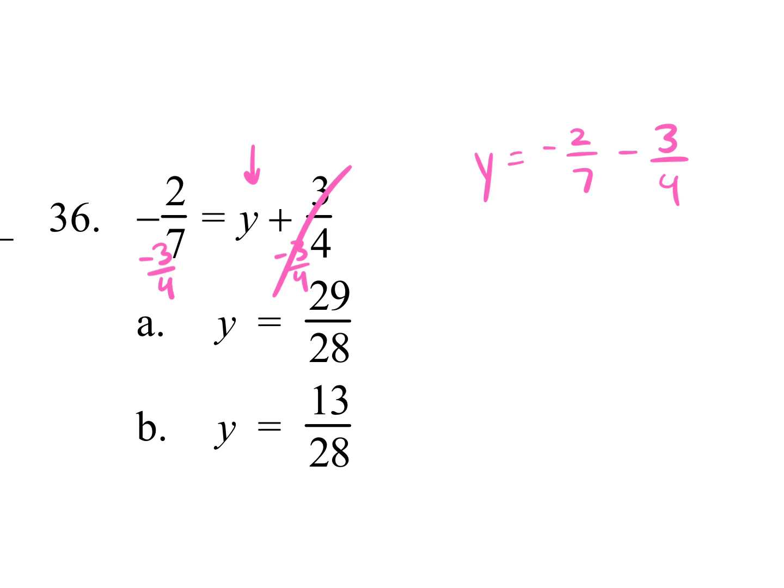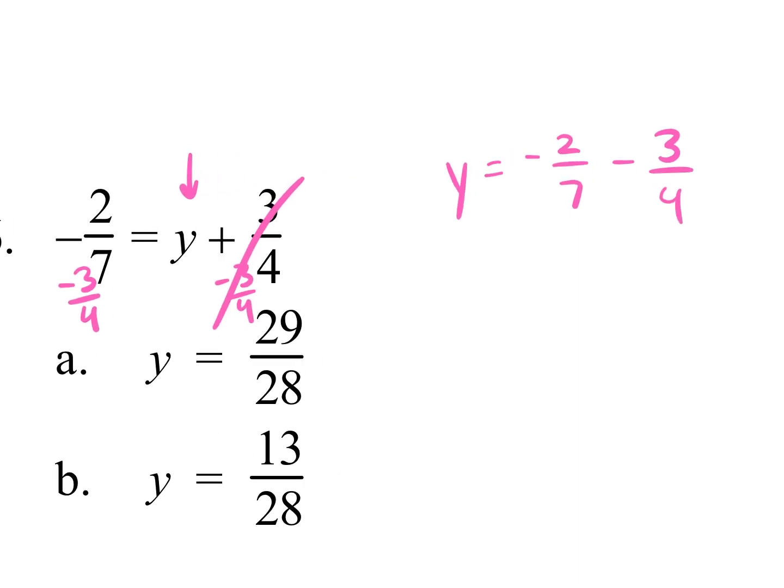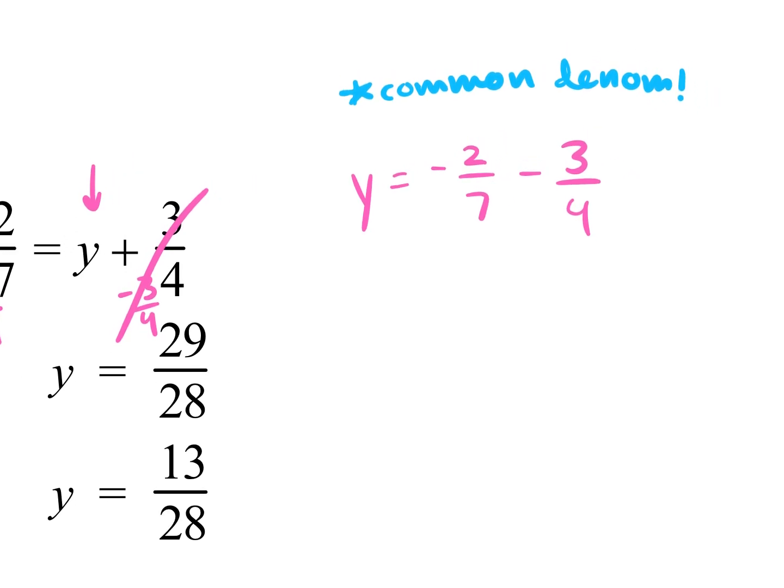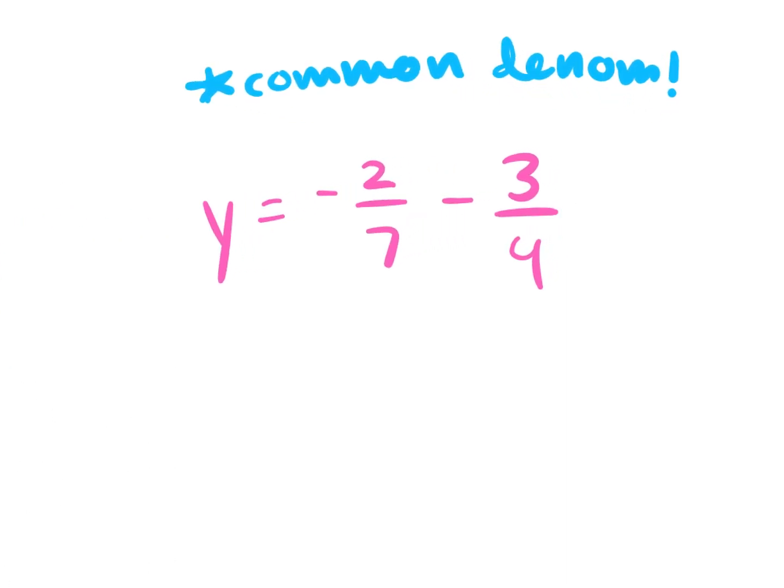Fractions, our favorite. How do I subtract fractions? What do I need? A common denominator. So what can I multiply to make a common denominator? I can multiply the first fraction by 4 to make it negative 8 over 28.